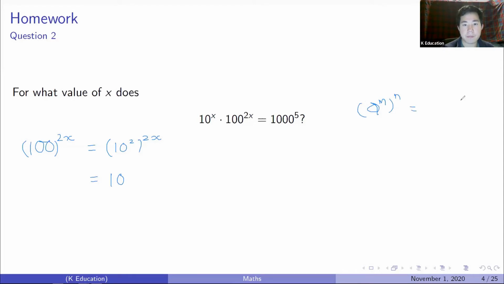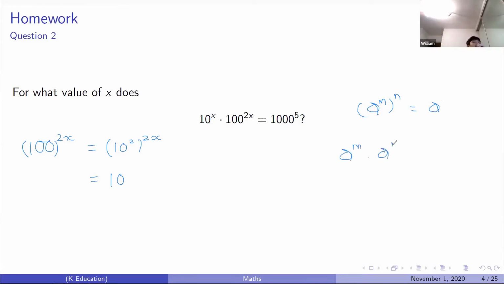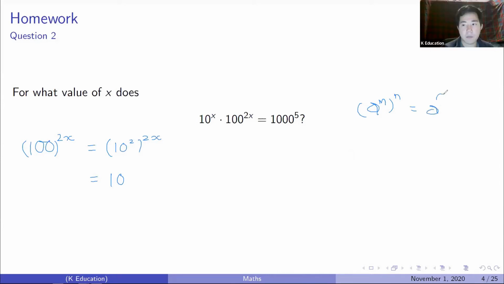Is a to the m plus n? No, that happens when you multiply a^m times itself n times. So the final power is a to the mn. So m is 2 and n is 2x, so it's 10 to the 4x.